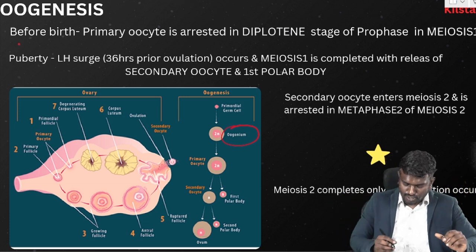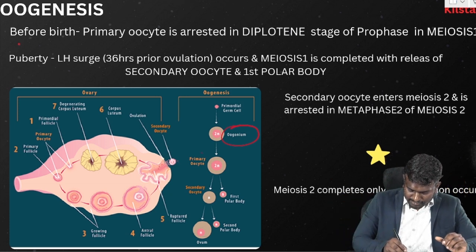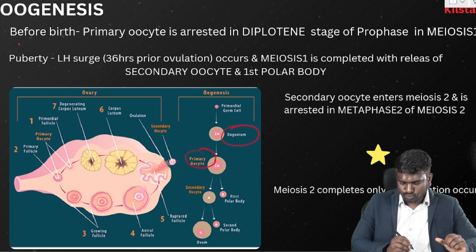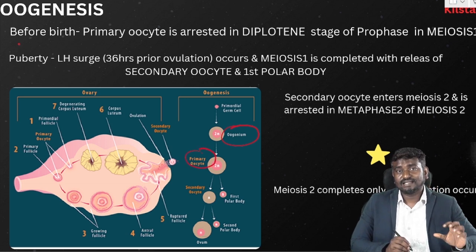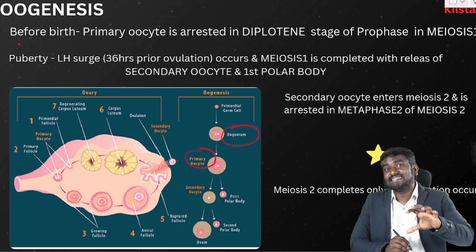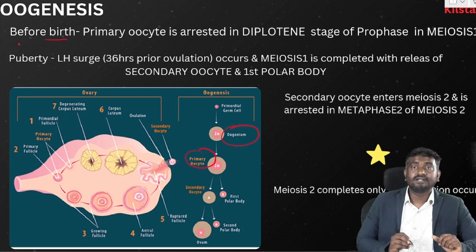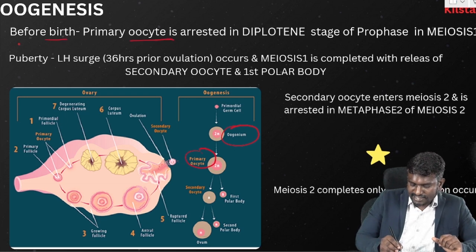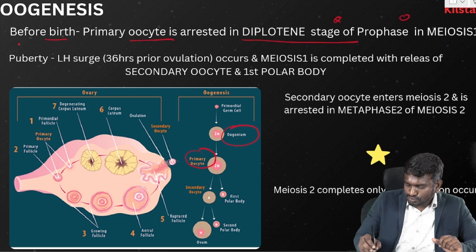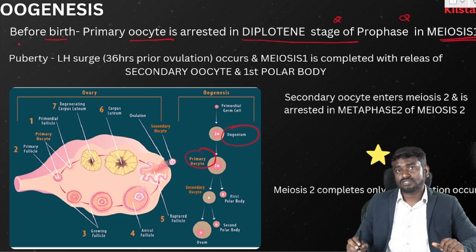Now this primary oocyte undergoes meiosis 1. What happens is that the primary oocyte gets arrested in prophase of meiosis 1 at the diplotene stage. Very important. Before birth, the primary oocyte gets arrested in the diplotene stage of prophase 1 in meiosis.